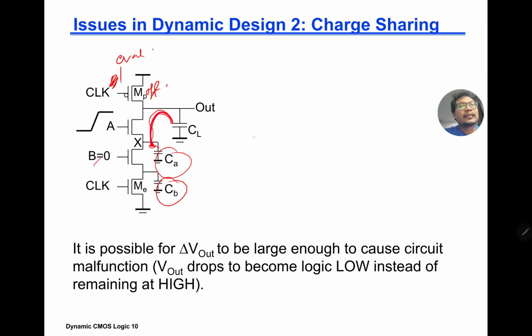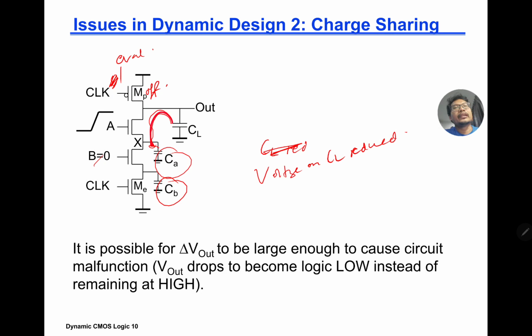So the voltage on CL is reduced because it's shared. The voltage is now shared with CA or CB, in this case CA, because B is 0.